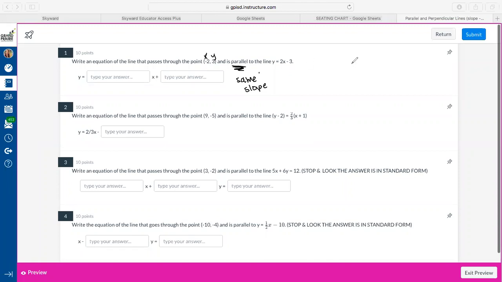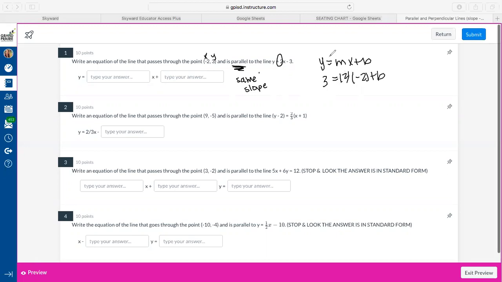2. So I know that my slope's going to be 2 because it's parallel. So it'll be y equals mx plus b. I know the slope will be 2. And it goes to the point -2, 3. So it would be 3 equals 2 times -2 plus b.